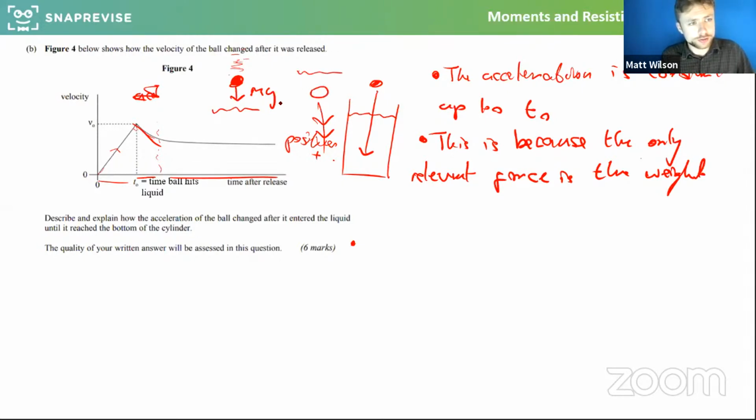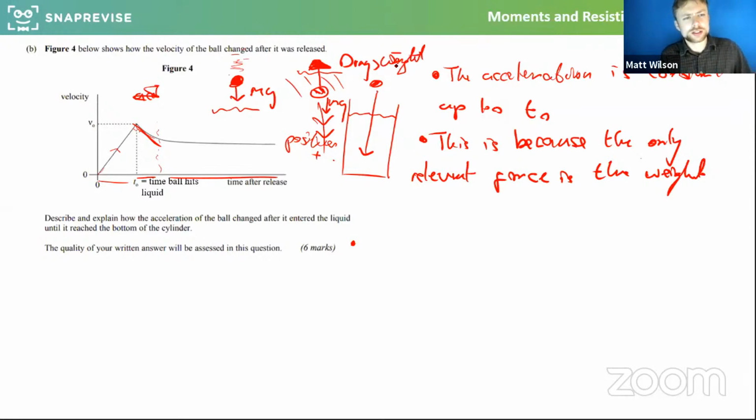When we end up under the fluid, downwards was positive, we got a negative acceleration. So our acceleration is in this upwards direction. So what does that tell us about the forces on this particle? Well, we know it's still feeling a weight mg, but if its acceleration is upwards, that must mean that the drag in the liquid is actually bigger than the weight.